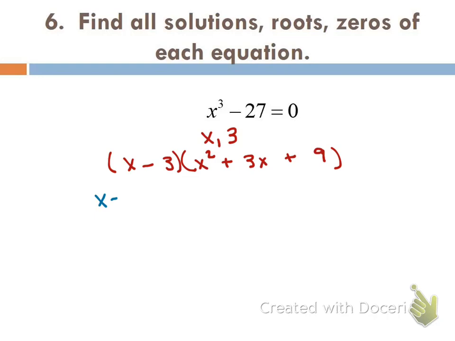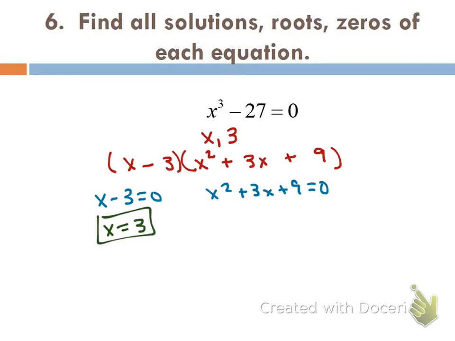Then we set our factors equal to 0. And then we solve. I am going to add 3 to both sides to get x equals 3. x squared plus 3x plus 9 will not factor, so we must use the quadratic formula. We get negative 3 plus or minus the square root of 9 minus 4 times 1 times 9 all over 2 times 1.